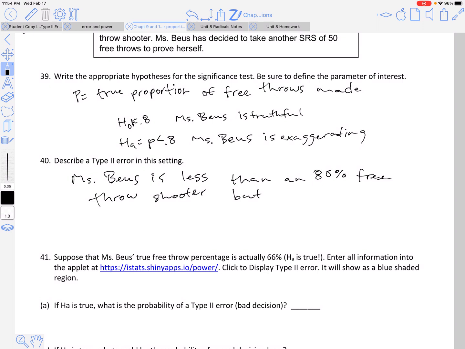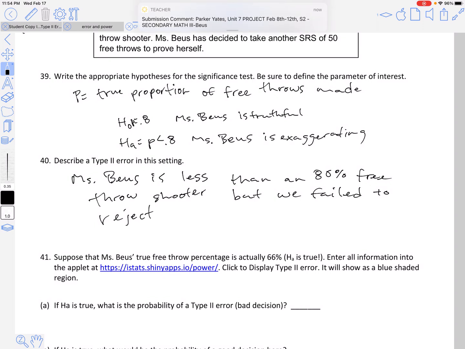But guess what? We failed to reject the null. So I actually am lower than 80%, but we went with the null. Okay?